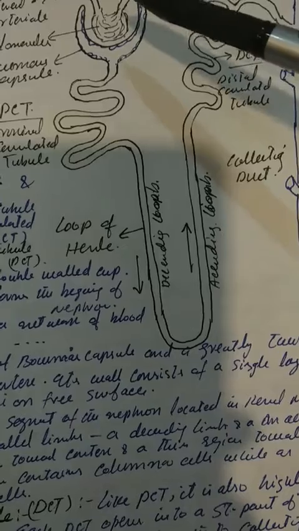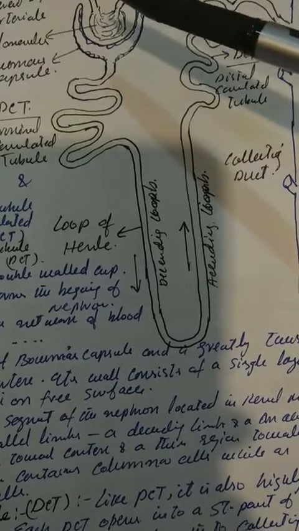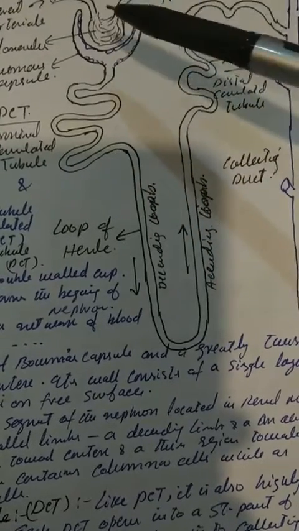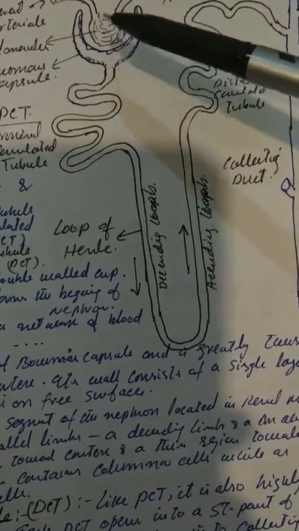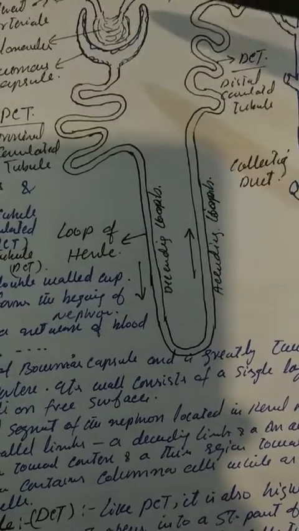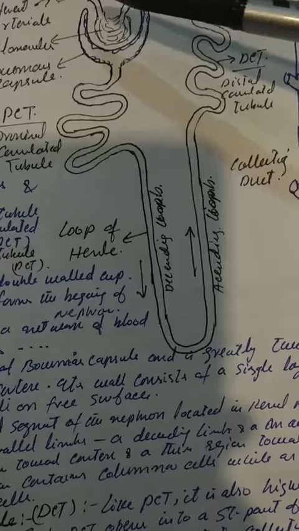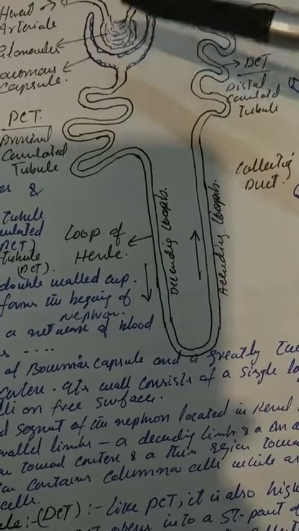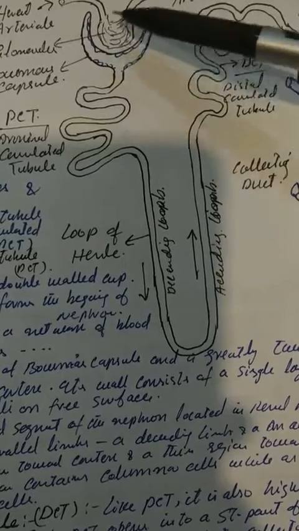And so far as these Bowman's capsules are concerned, they usually lie in the renal cortex and form the beginning of a nephron. Inside Bowman's capsule lies a network of blood vessels called the glomerulus, which is formed by the branching of afferent and efferent arteriole.